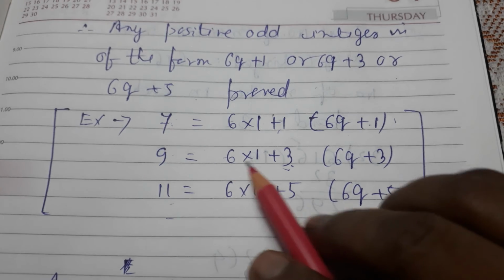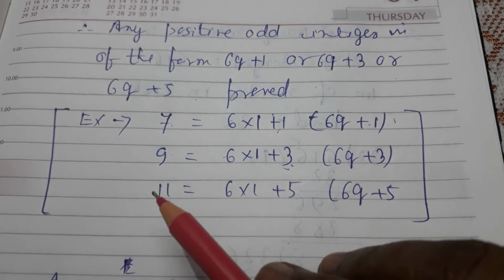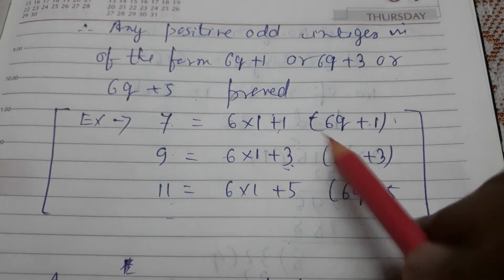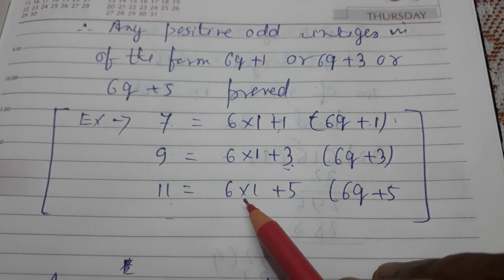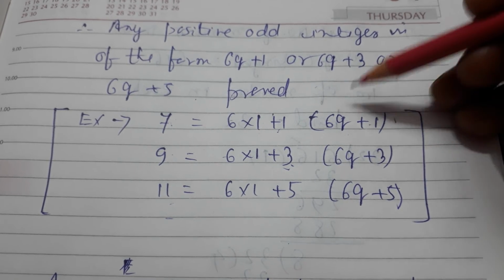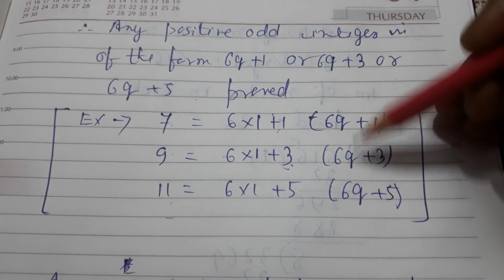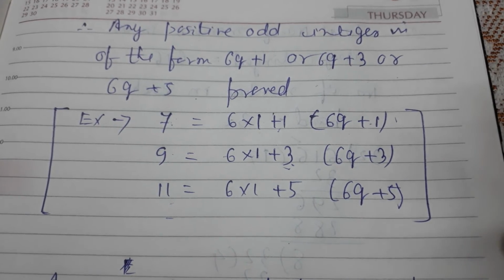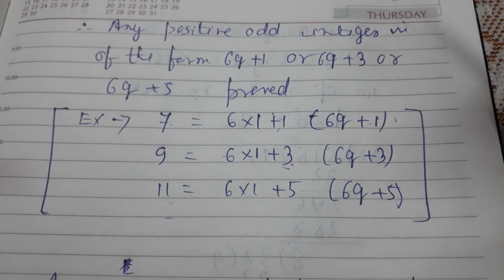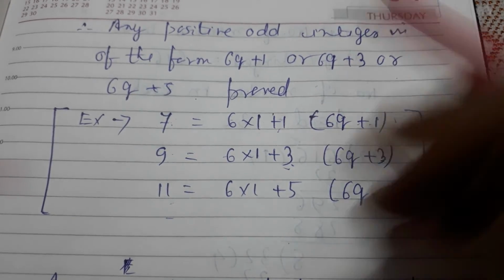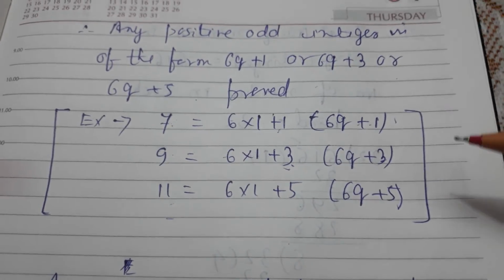So it is of the form 6Q plus 3. And when 11 is divided by 6, the remainder is 5. So its form is 6Q plus 5. So by example, I have explained how any positive odd integer greater than 6 is of the form 6Q plus 1 or 6Q plus 3 or 6Q plus 5.